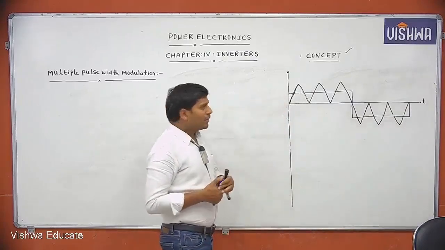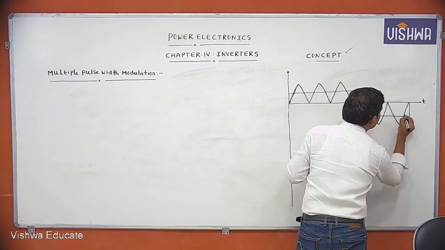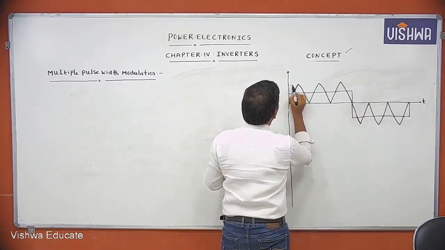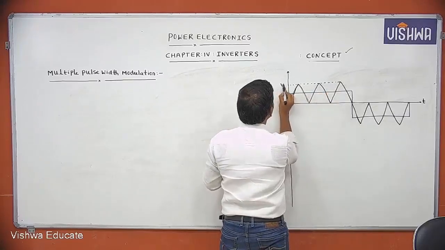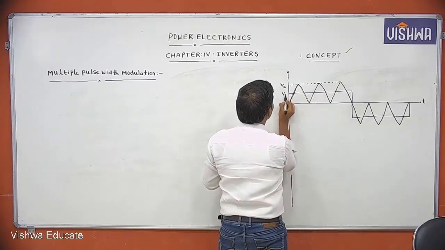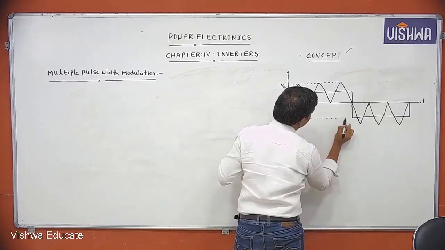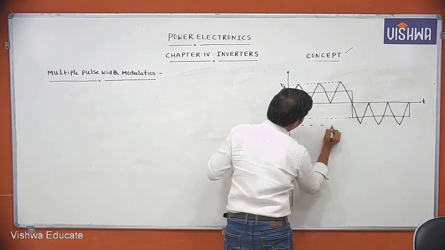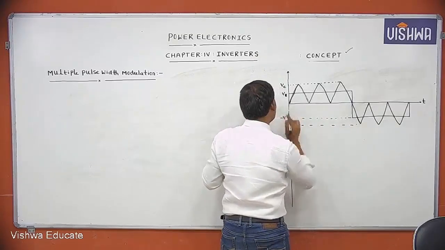The amplitude of the carrier signal is Vc and the amplitude of the reference signal is Vr. This is Vc and this is Vr, and this is minus Vc and minus Vr.